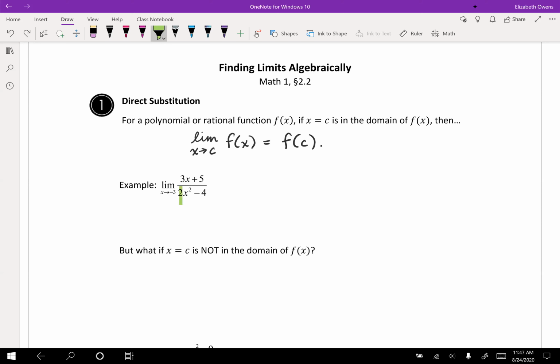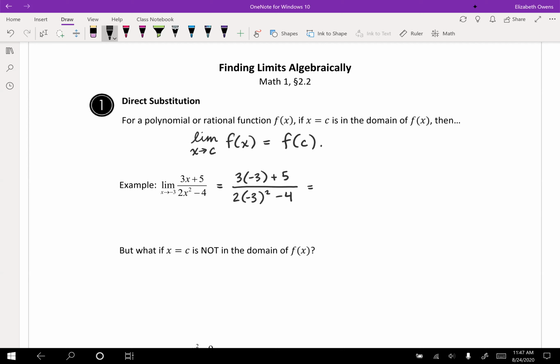There's a few things that get excluded from the domain on account of that denominator, but x equals -3 is not one of those spots. X equals -3 is actually in the domain of this rational function. So if we want to find the limit, we just get to plug in x equals -3. That's exactly what we do. Plug it in just like normal, just like you were finding the function value, because that is what we're doing.